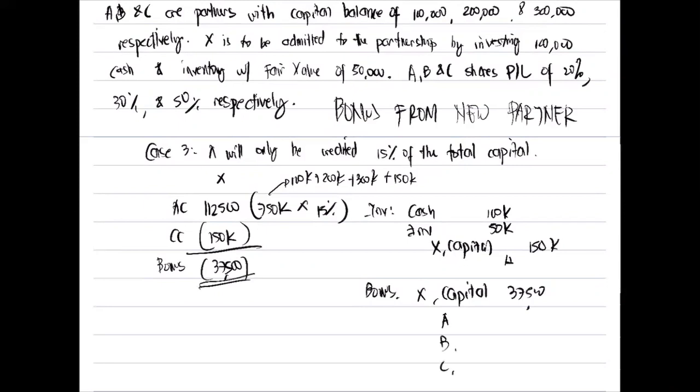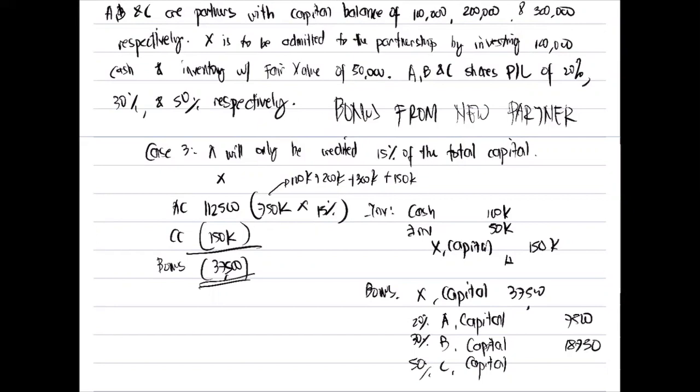Dadagdagan naman na natin yung capital nila kasi it is a bonus from. So, pag bonus from, galing naman kay new partner papunta dun sa old partners. So, magkano yung bibigay natin kay A? So, 37,500 multiplied by 20% kasi 20% si A, 30% si B, 50% si C. So, 37,500 times 20%, 7,500.